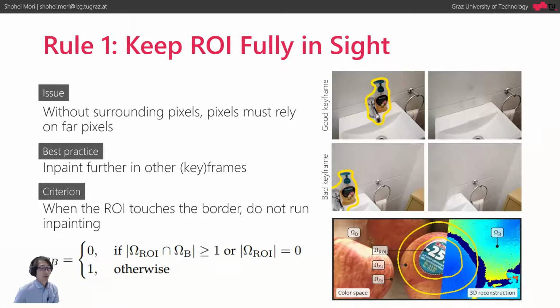Without surrounding pixels, it is hard to connect the boundary smoothly to the other, or it needs to continue the inpainting of the first keyframe in the next frames or in additional keyframes, which requires some effort to keep consistency over the frames. To complete a keyframe inpainting fully, we do not use a frame when the region of interest touches the boundary. Simply, we count pixels of the region of interest that overlap the boundary pixels.